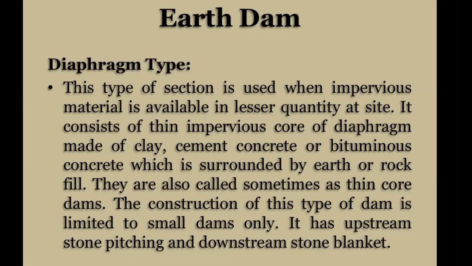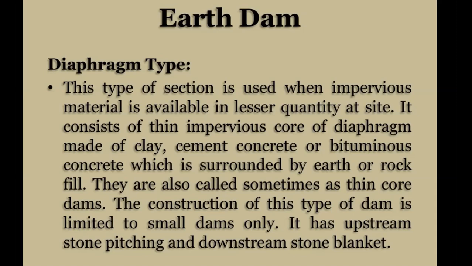So this spatial arrangement is called a diaphragm. These are sometimes also called thin core dams. The construction of this dam is limited to small dams only. It has upstream stone pitching and a downstream stone blanket. In the homogeneous type also we have seen there is stone pitching on the upstream side, and at the downstream there is a stone blanket.